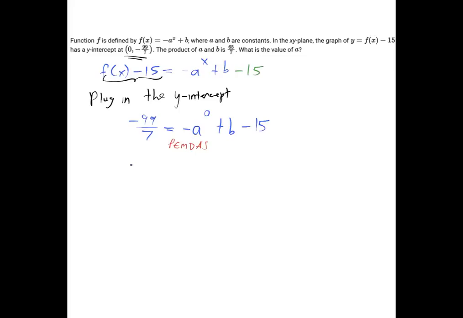So maybe a more conscientious way to write this would be negative 1 times a to the 0 plus b minus 15. This makes it more evident that we've got to take care of this exponent first before we multiply in the negative 1. So a to the 0 is 1, so we'll just make that a 1.